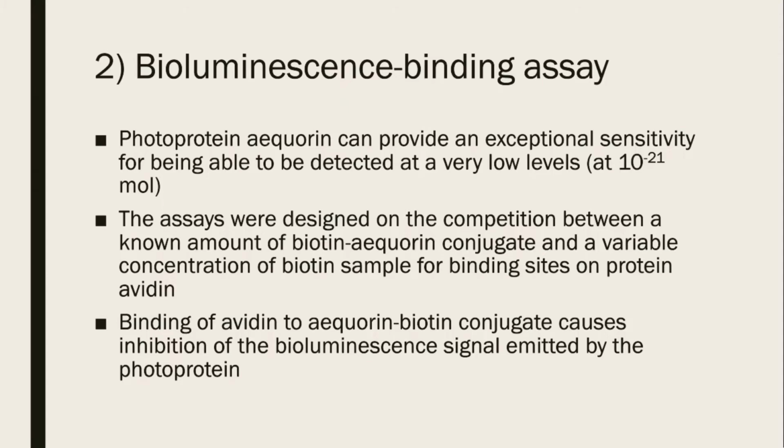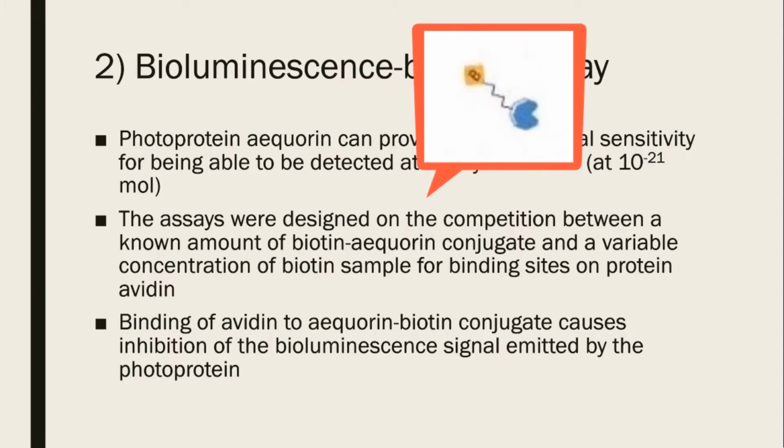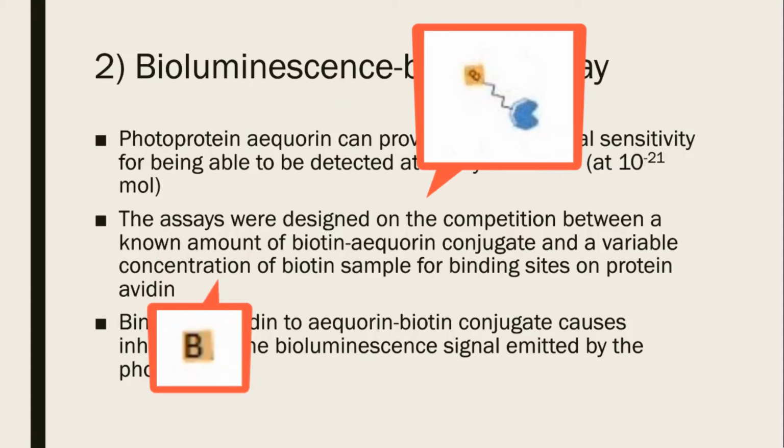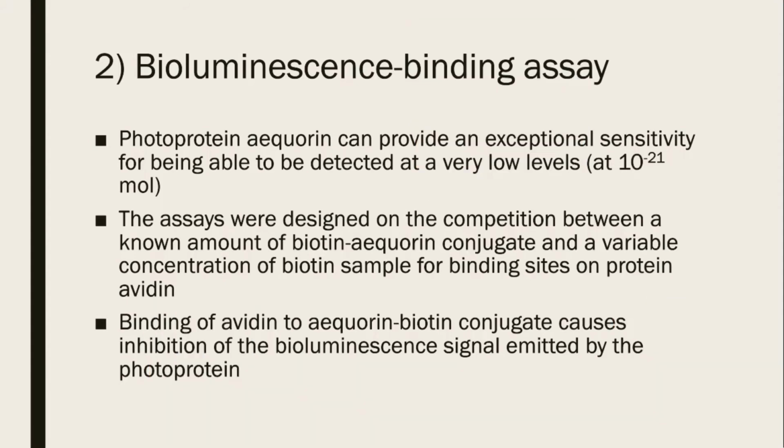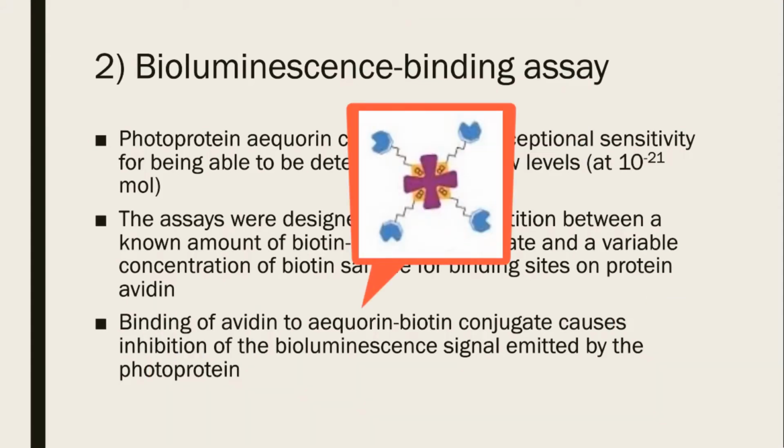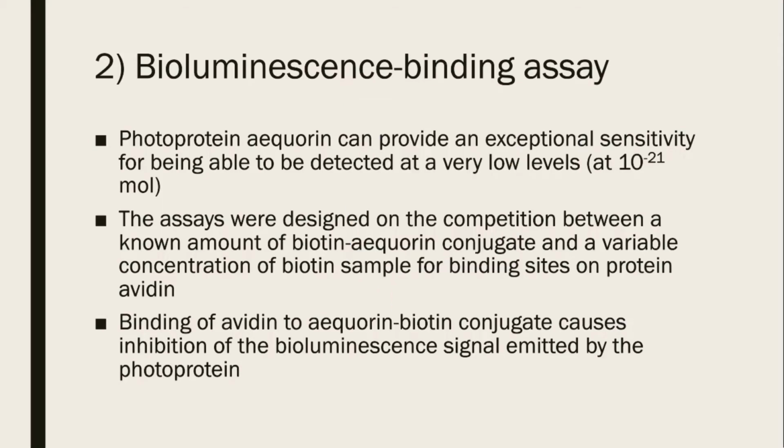The assays were designed on the competition between a known amount of biotin aequorin conjugate and a variable concentration of biotin sample for binding sites on the protein avidin. The binding of avidin to aequorin biotin conjugate causes inhibition of the bioluminescent signal emitted by the photoprotein.